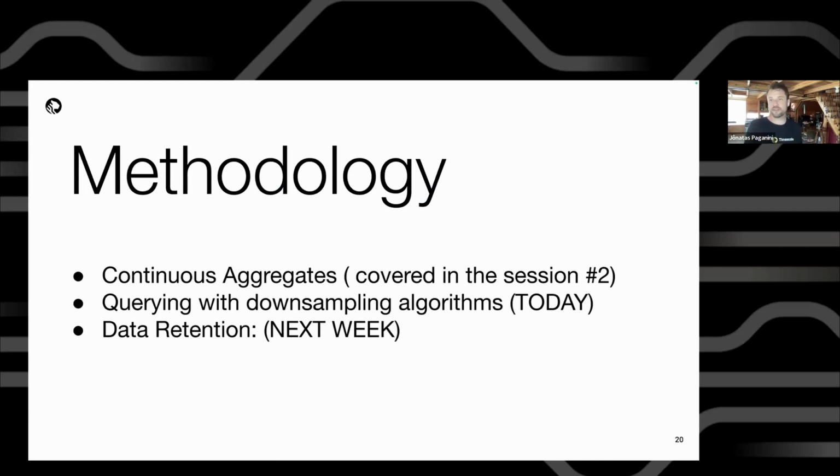So continuous aggregates will materialize it somewhere, but this methodology is an algorithm that goes to your raw data and then extracts what you need. And next week, we are going to talk about another methodology, that's retention. So it's also a way to have lighter data, if you remove the data, right? So these are different methodologies that will also make your queries faster and your database lighter.